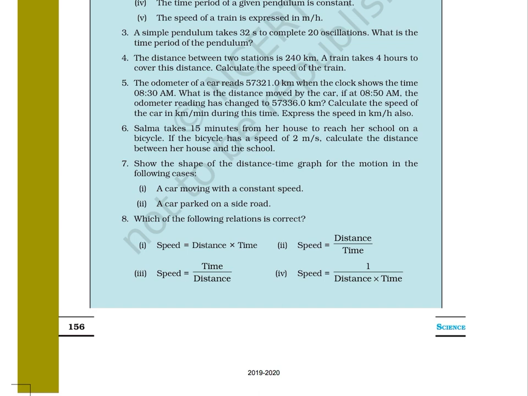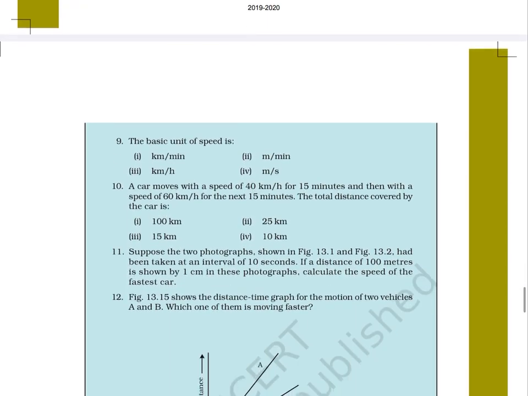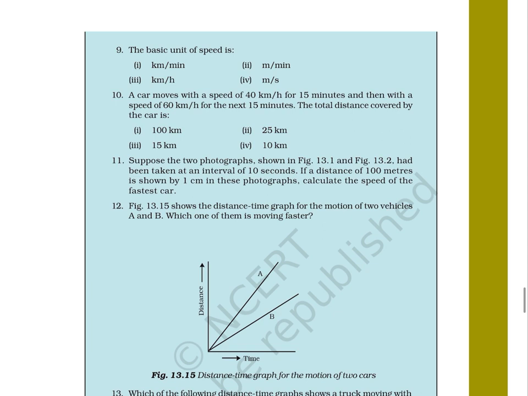Speed is equal to 1 divided by distance multiplied by time. 9. The basic unit of speed is 1. kilometer per minute, 2. meter per minute, 3. kilometer per hour, 4. meter per second.